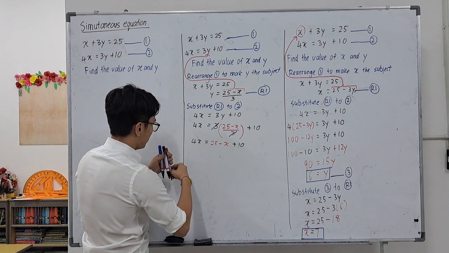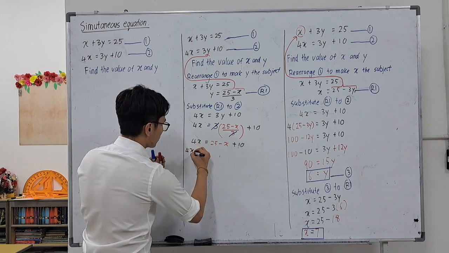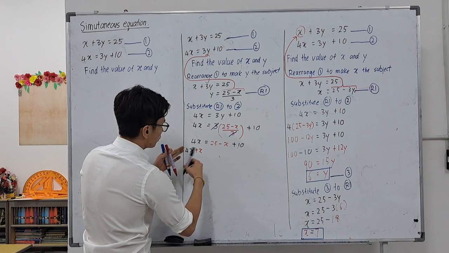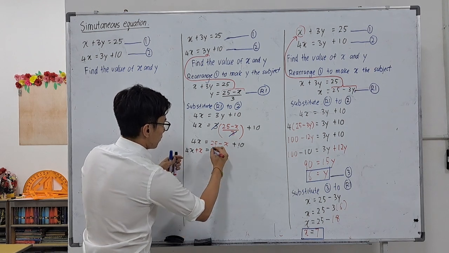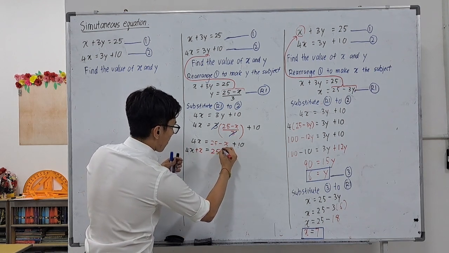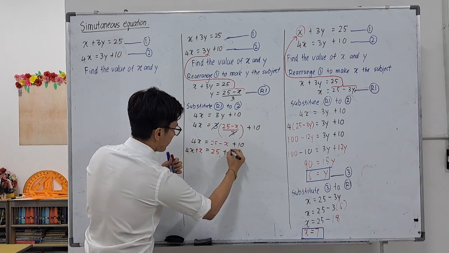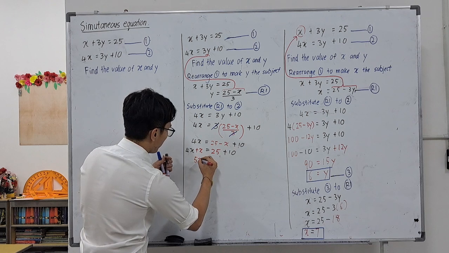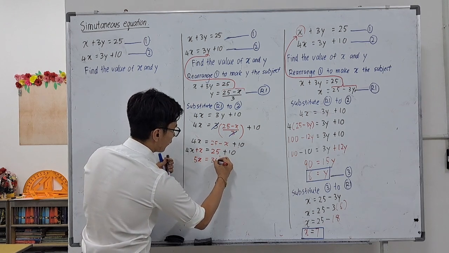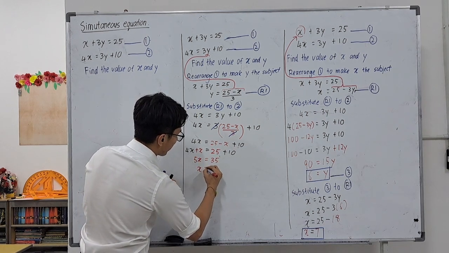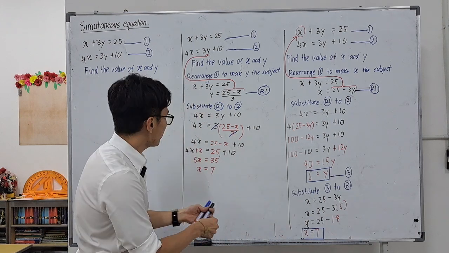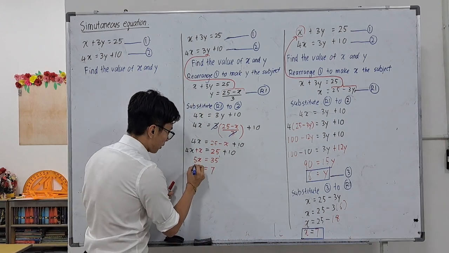So I will get 4x plus x equals 25 plus 10. So I can solve this by getting 5x equals 35, and true enough, my x value is 7. True, right? It's the same thing.